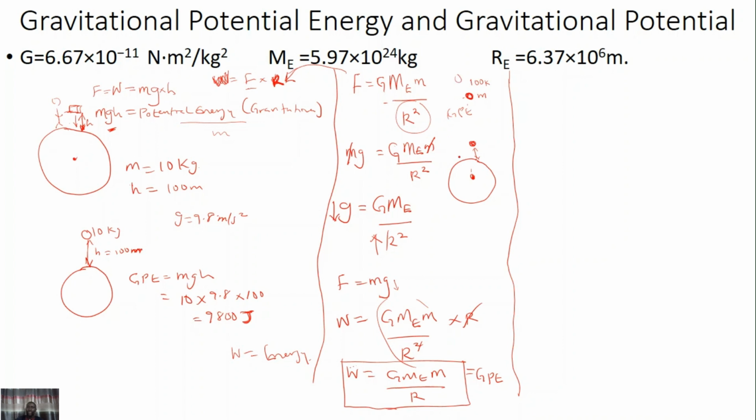Okay, so if the gravitational potential energy of the body is increasing to reach zero, it means where it is coming from is negative. Therefore, the gravitational potential energy is equal to minus G Me times the mass of the body divided by the distance between them. So always remember this negative. You can be asked this in your exam.